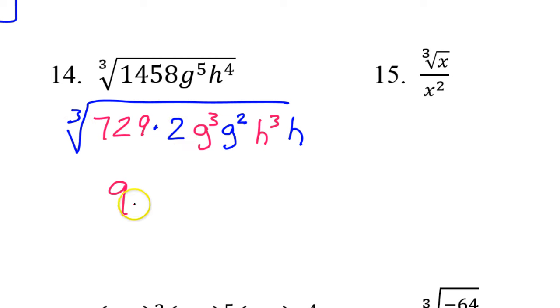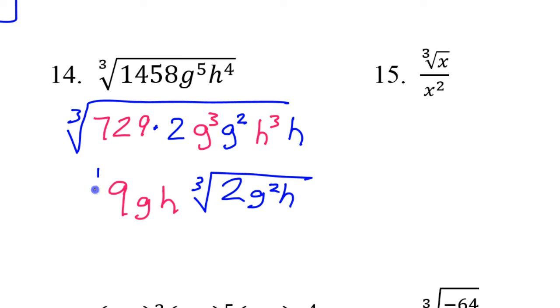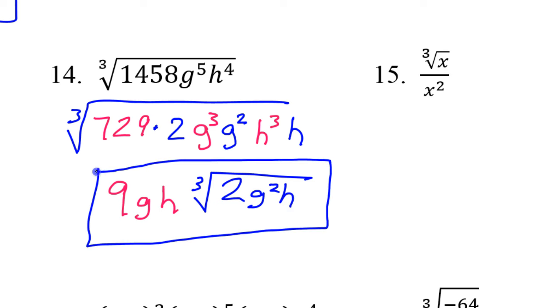And then for the g, 3 divided by 3 is 1. Same thing for the h. 3 divided by 3 is 1. So I've taken care of each of the pink things under my radical. So that just leaves the blue stuff. Cube root of 2 g squared h. So this would be our answer for number 14. Any questions on number 14?